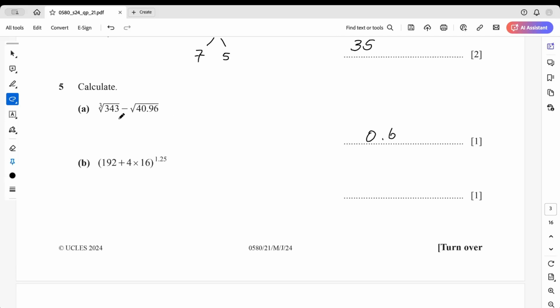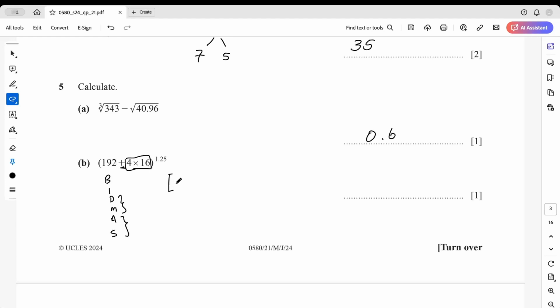For the second one, you do have to be careful when they give you both an addition and a multiplication together. Following BODMAS, you are evaluating division and multiplication first before addition and subtraction. So you are taking 129 and 4 times 16.